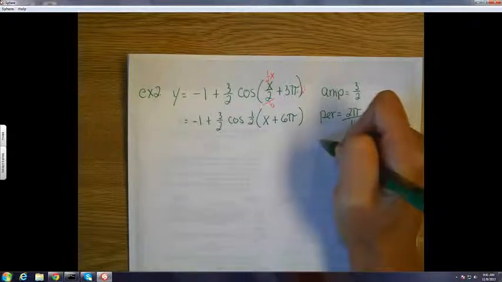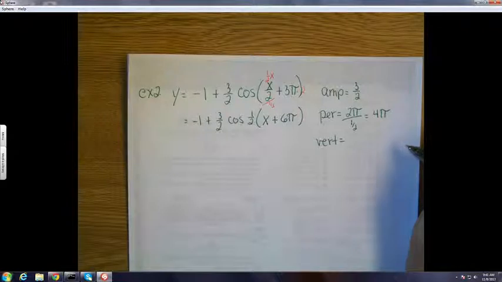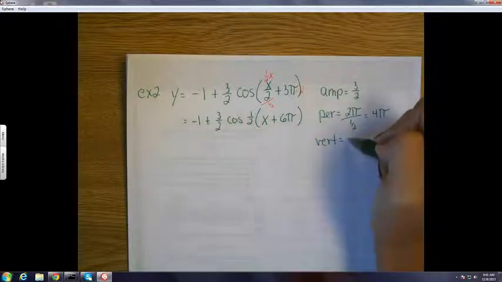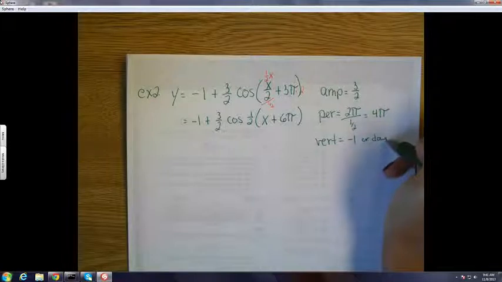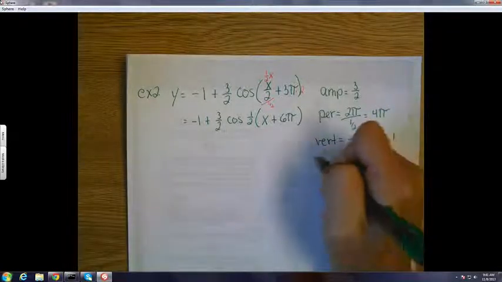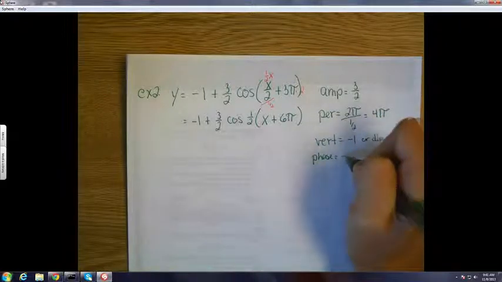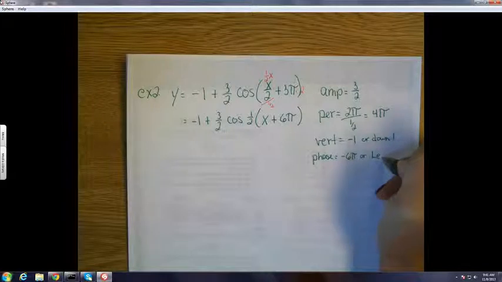Vertical shift: down 1, because then you could say -1 or you could say down 1. And phase: -6 pi, or less 6 pi.